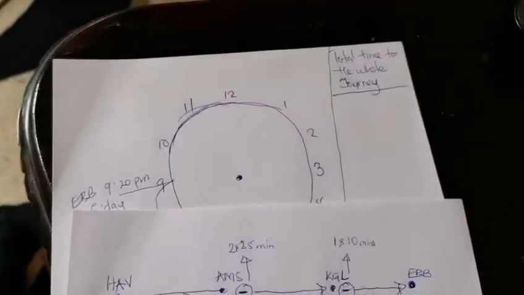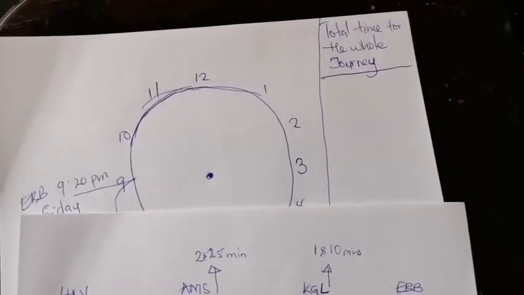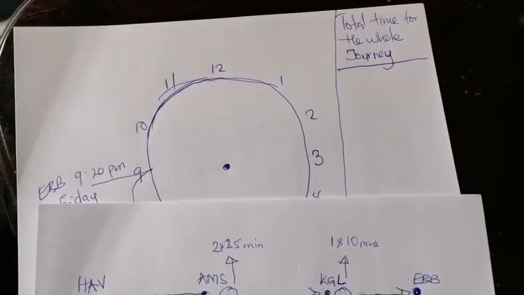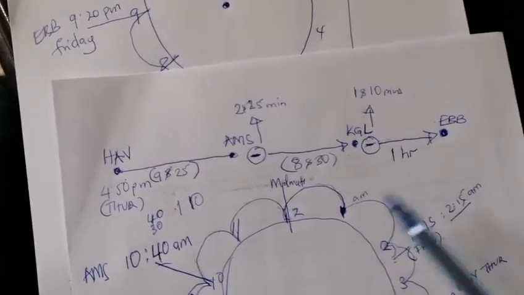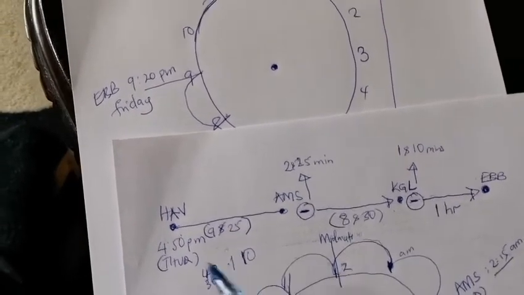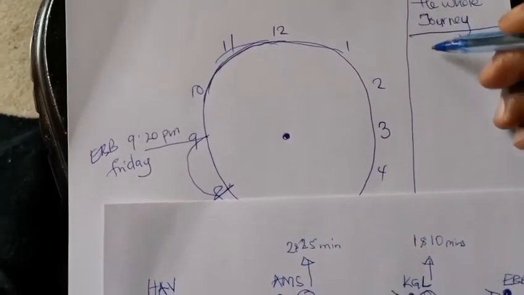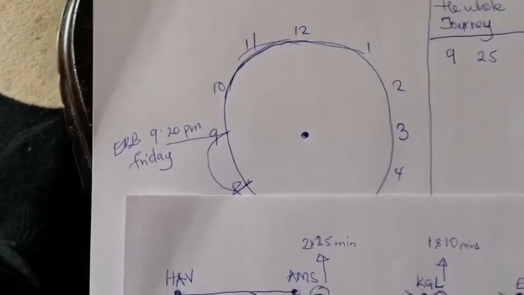So the last step of this question is finding out the total time for the whole journey, right? So you can refer to our summary here, and we begin with 9 hours and 25 minutes was the first one. So we say 9 hours and 25 minutes.